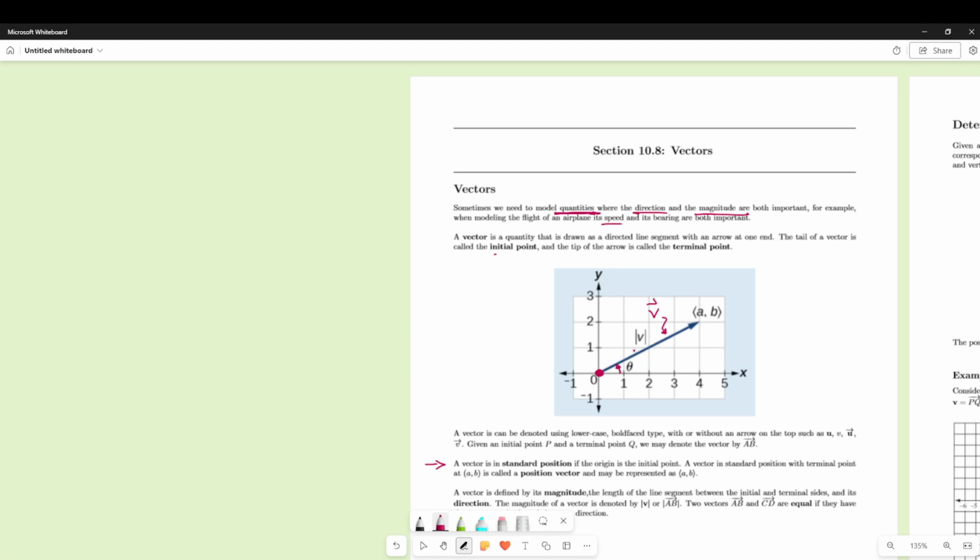You will often see a vector in standard position denoted particularly by these endpoints. So if we go over this way some distance, in this case it's 4, and up this way some distance, in this case it's 2, that would make the coordinates of that point 4, 2.